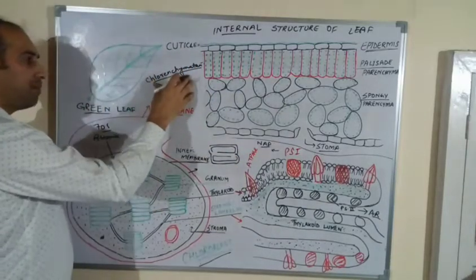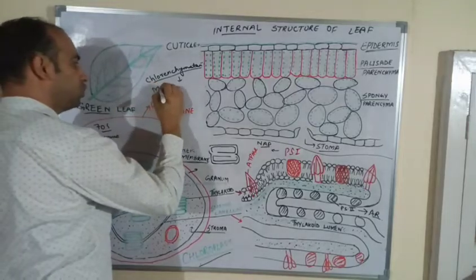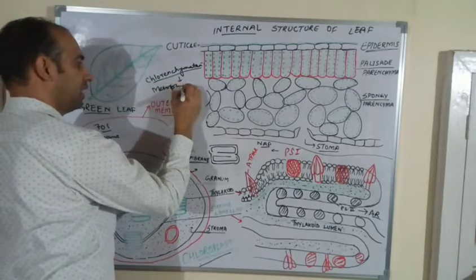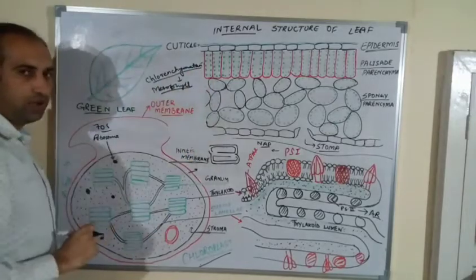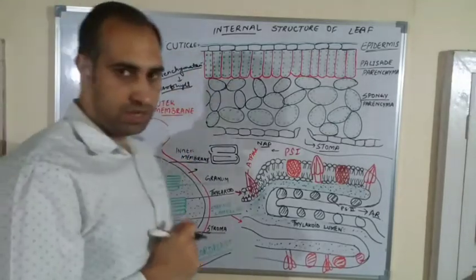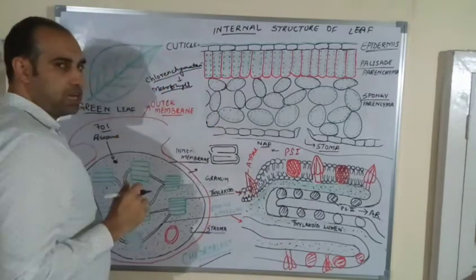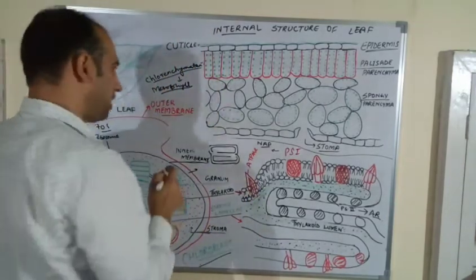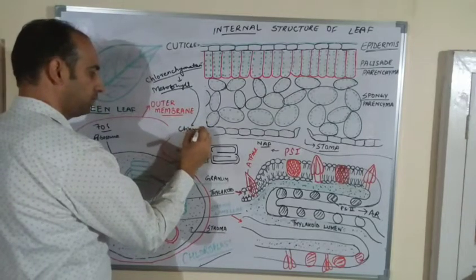When this chlorenchymatous cell is present in the leaves, it is known as mesophyll tissue or cell. This is the mesophyll tissue or cell in the leaves. Inside the mesophyll cell, there occurs a specialized type of plastid that is known as chloroplast.